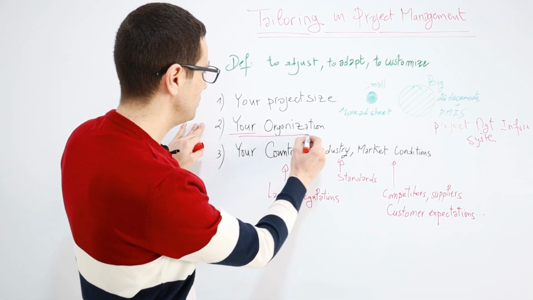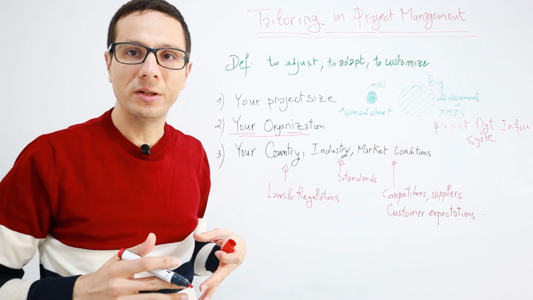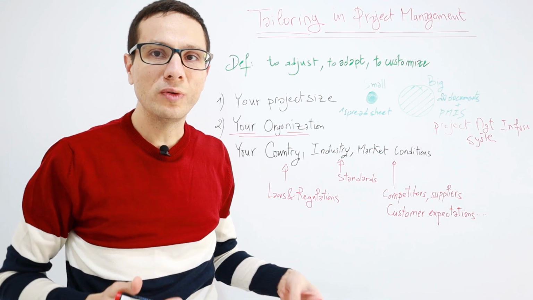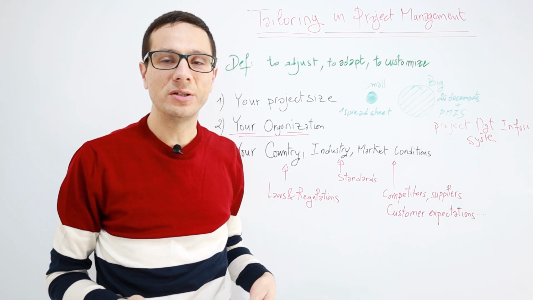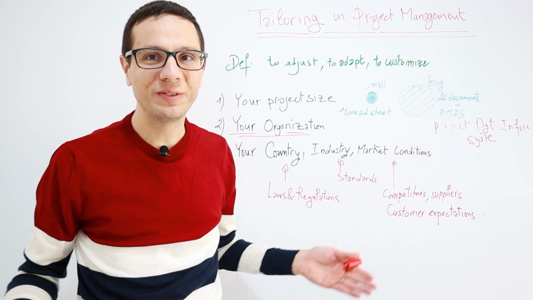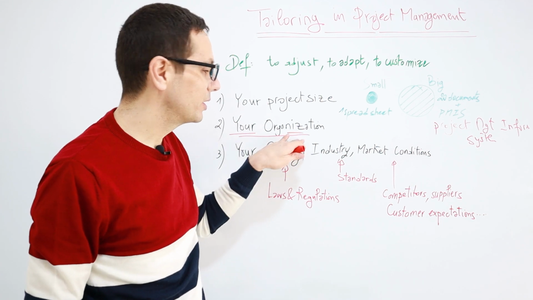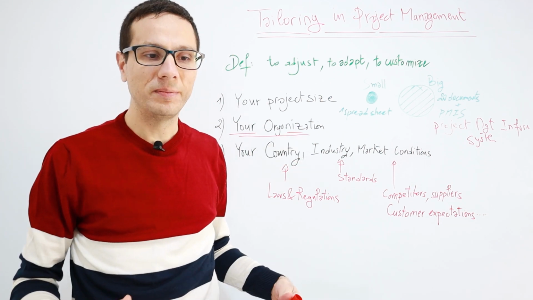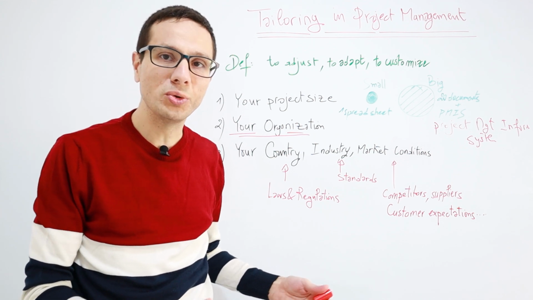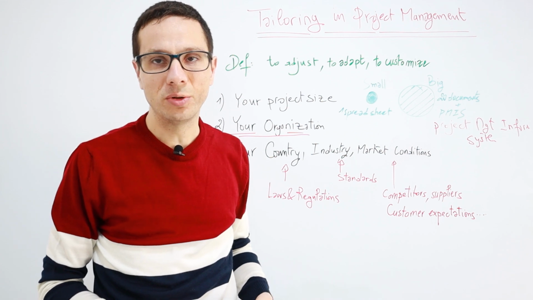Second is your organization. Sometimes you work in an organization in some manner, and later you move on to another organization and you find out that everything changed and a lot of things are no longer applicable because the new organization has some rules, some sets of documents that you should use in order to manage your project.